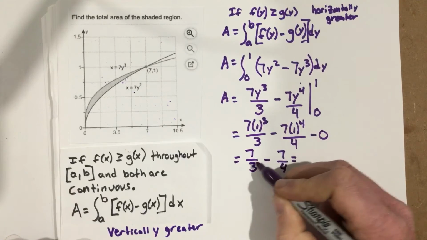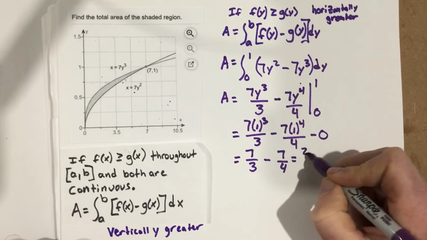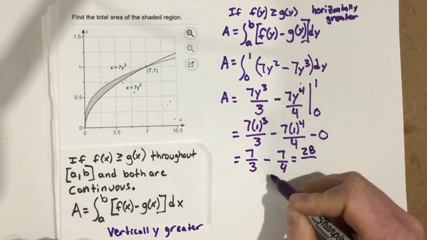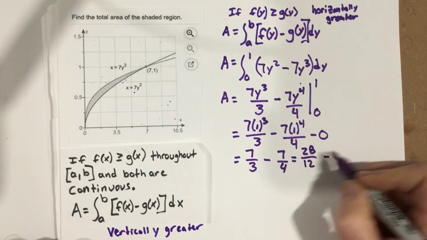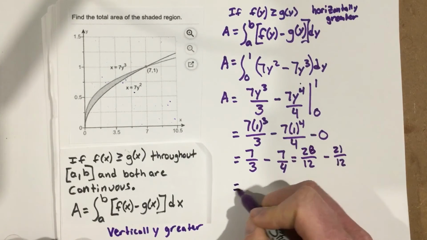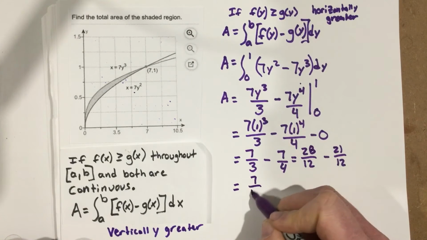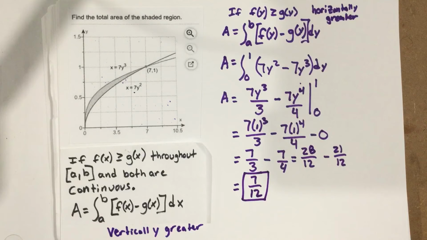If I find a common denominator, which is 12, multiply this by 4 over 4, so it's 28 over 12, minus, multiply this by 3 over 3, you get 21 over 12, which ends up being 7 over 12. So the area that's shaded there is 7 over 12.